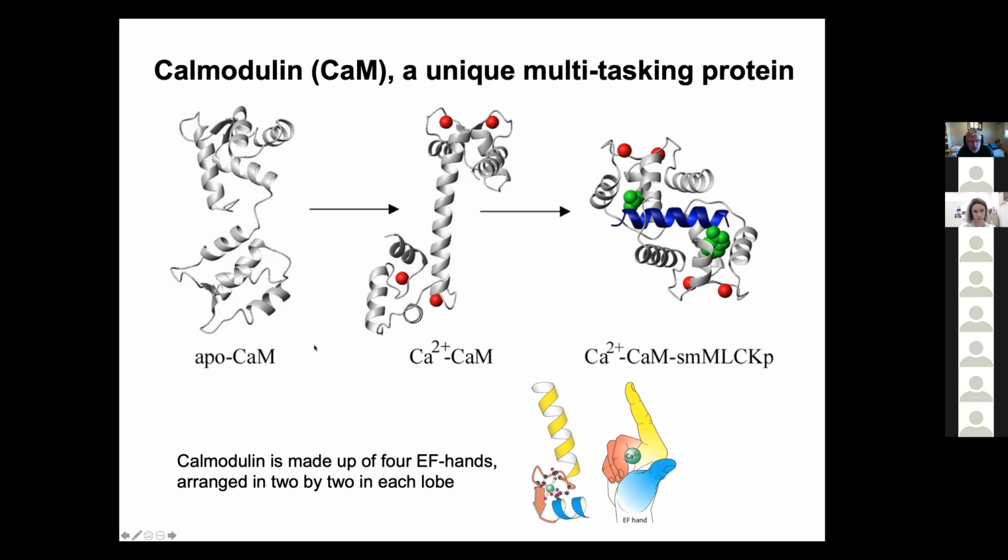And this loop, helix motif is called the EF hand, after another protein in which this was originally discovered in the crystal structure, where this was the E helix, this is the calcium binding loop, and this is the F helix coming out. So you can remember it quite easily with this diagram, what the EF hand refers to.